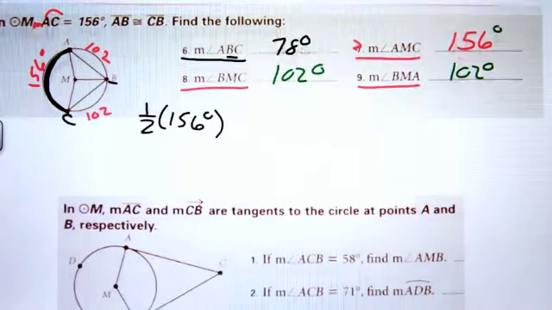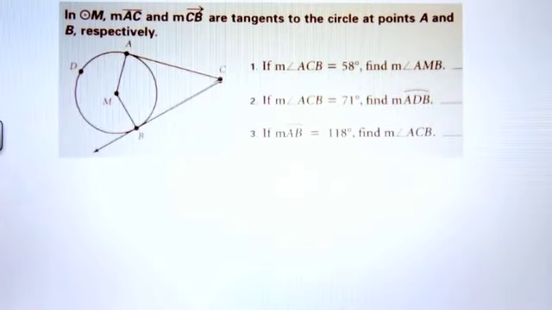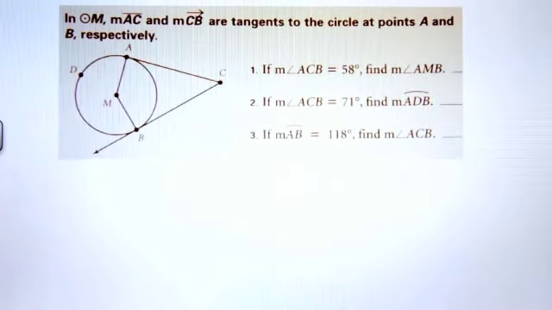Well, now let's move on. Let's take a look at a slightly different problem. In circle M, AC and CB are tangents to the circle at points A and B respectively. So ray AC and ray CB are tangents to the circle at A and B respectively.